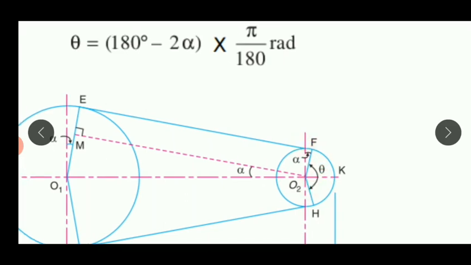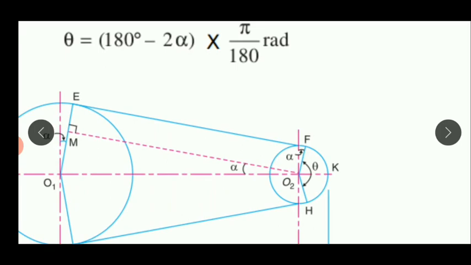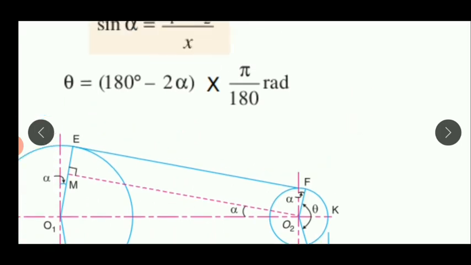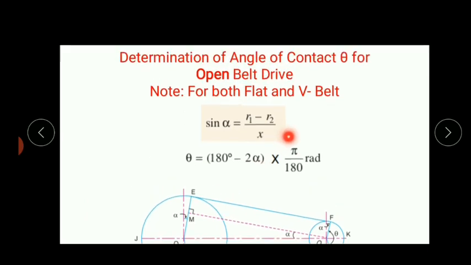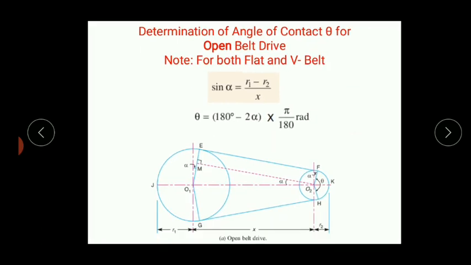So the total angle is 180 minus alpha on the upper side and alpha on the lower side. So it is 180 minus 2 alpha, and to convert it into radians we multiply it with pi by 180, because theta is always required in terms of radians.